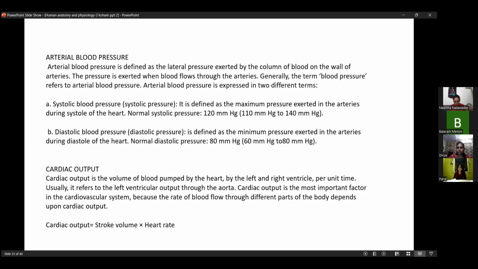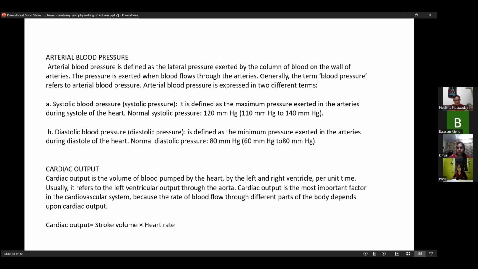The amount of blood that is given out from the left ventricle per minute is 5 liters. That is 5,000 milliliter.